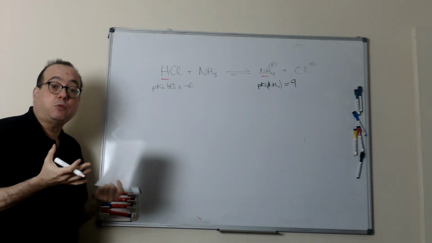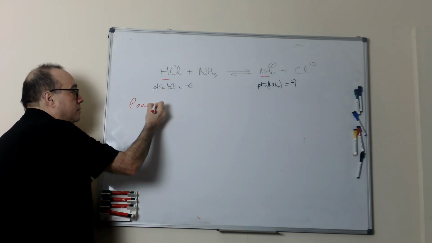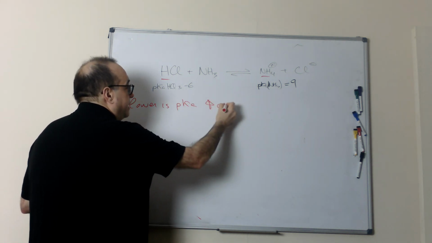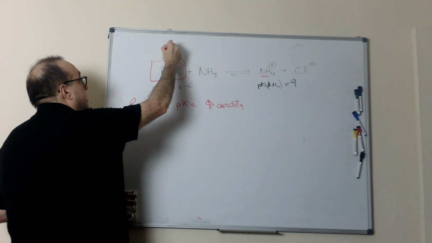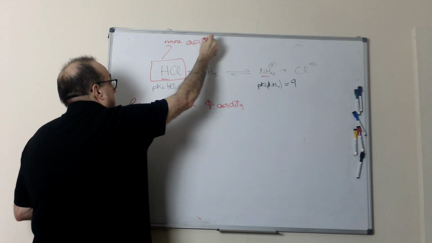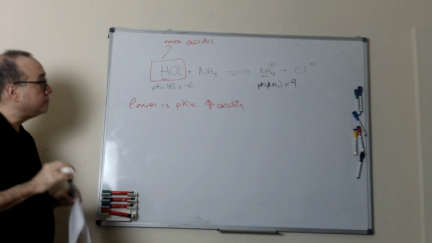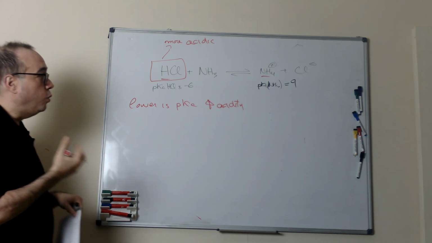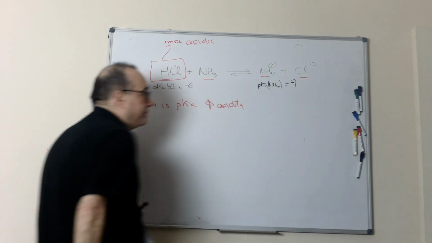Well, the answer is quite easy, because we know that the lower the pKa, the higher the acidity. That means HCl will be the more acidic. Okay? Second question, which is more basic, ammonia or chloride?